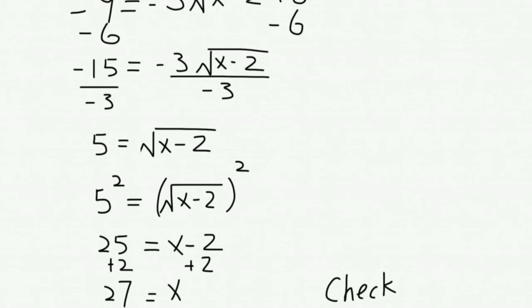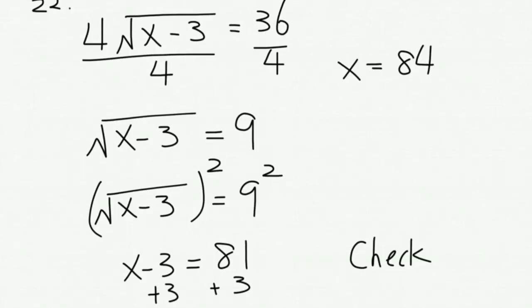Undo the square root by squaring both sides. So raise both sides to the second power. Square root and square cancel each other. So now I have 5 raised to the second power, which is 25. I have x minus 2. Add 2 to both sides to find my x equal to 27. And once again, don't forget to check your answers.